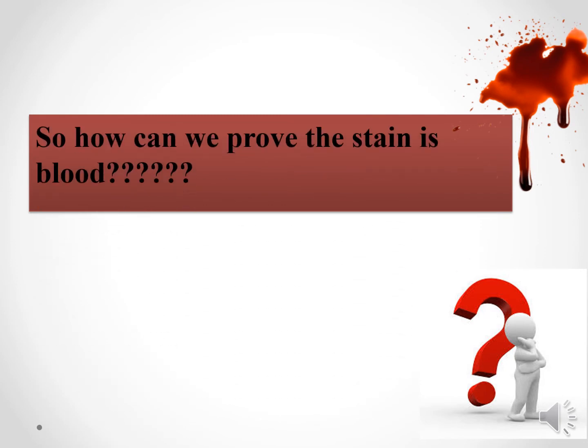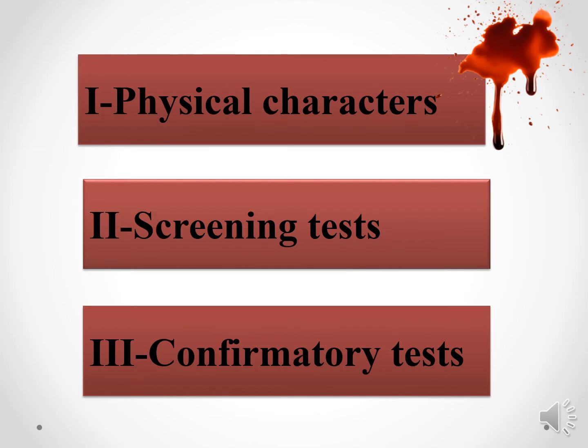Prove the stain is blood via 3 steps. Number 1, physical characters. Number 2, screening tests. Number 3, confirmatory tests.